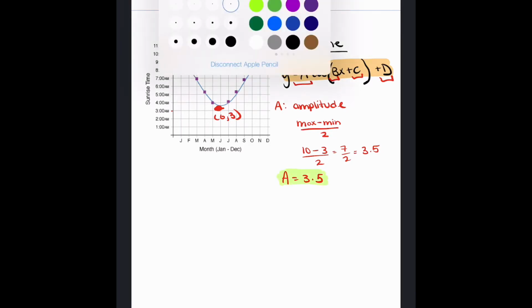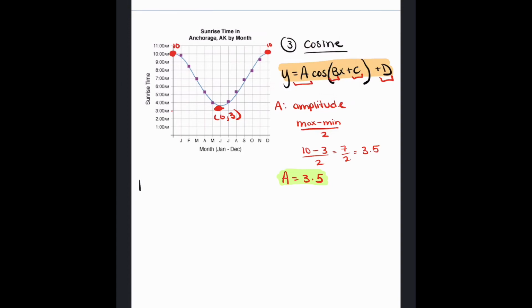All right, next one is to find our b. What b is, is 2 pi divided by the period. We've gone over the period before, I think in unit 8. The period is either from min to min or max to max, horizontally.